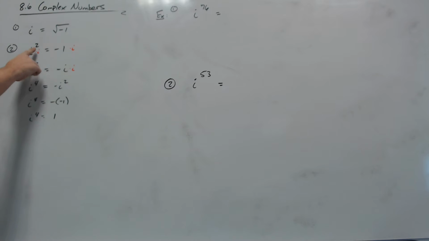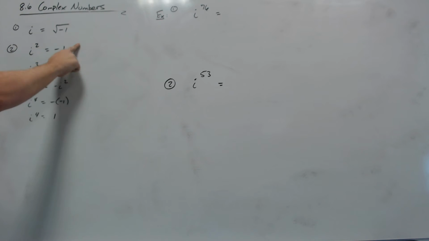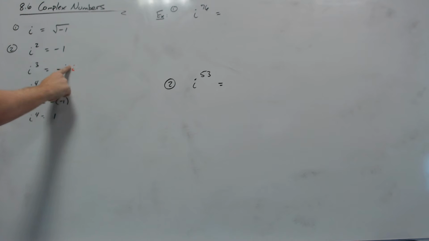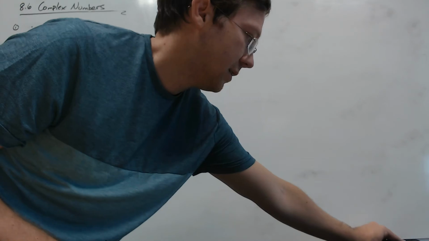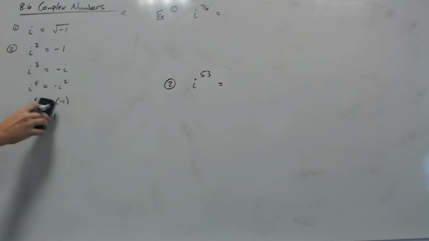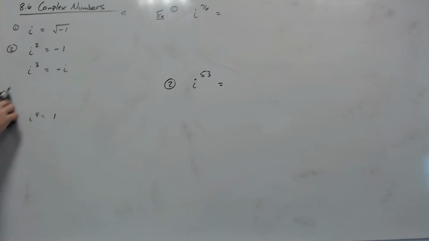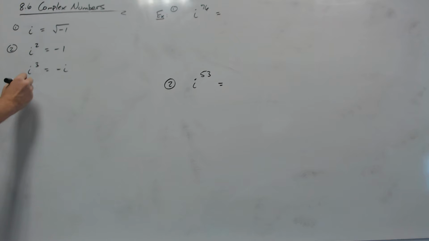Okay, so if I get rid of all these pieces in here, we actually have the first four parts of this sequence. And I'm actually going to erase these middle terms as well. We found out that i to the fourth equals +1. So we have a definition for i squared, i to the third, and i to the fourth.